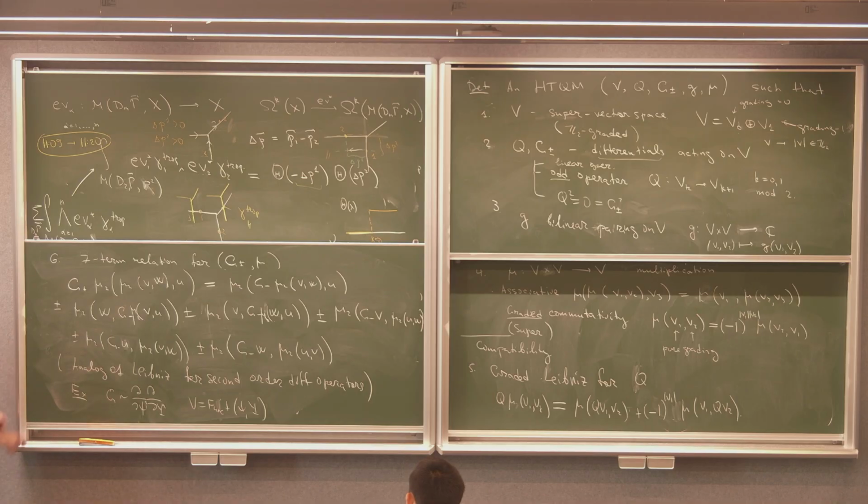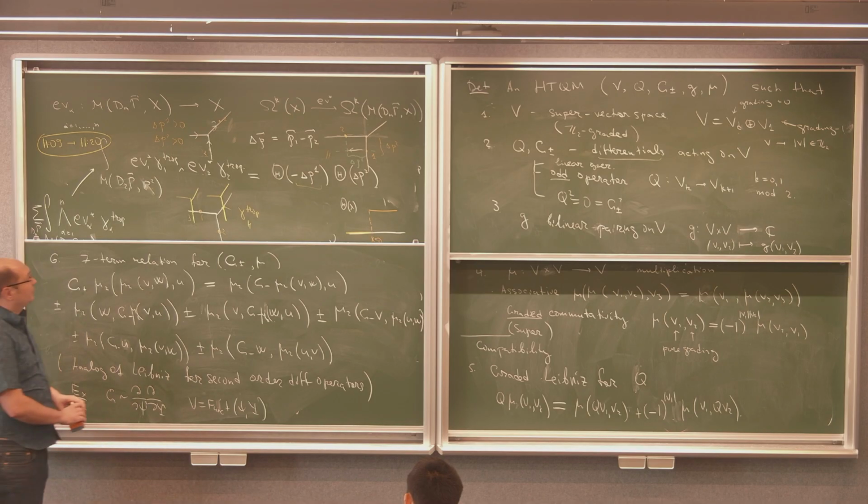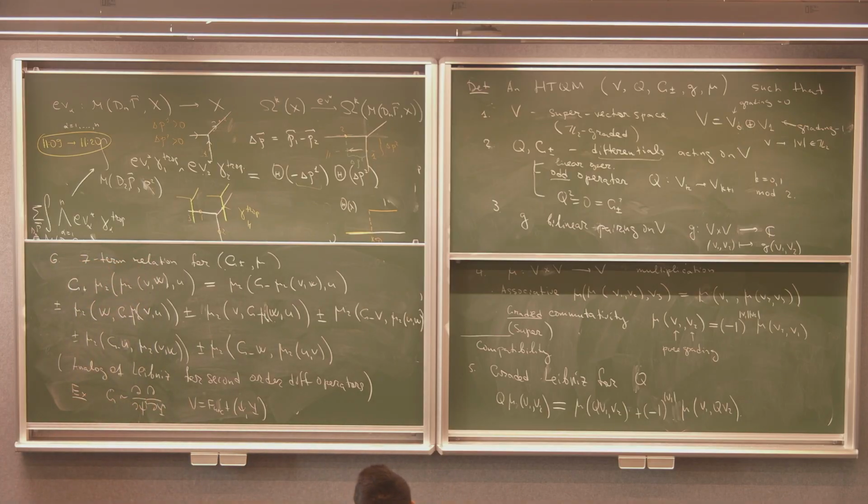So that's how we can guess and get the signs for this 7-term relation. It is essentially a modification of Leibniz for a second-order differential operator. But on the left hand side it's g plus, but on the right hand side it's g.